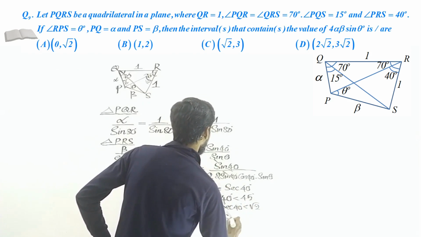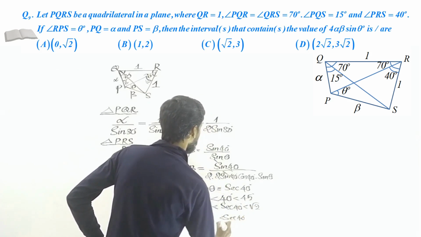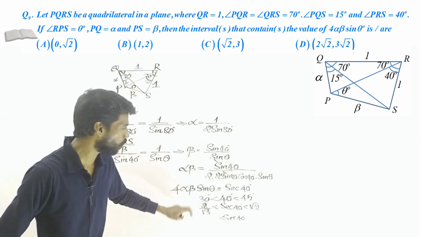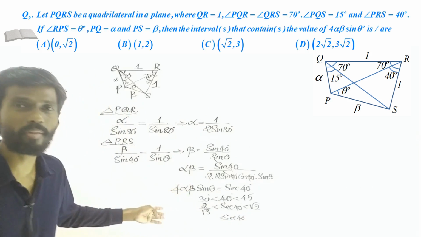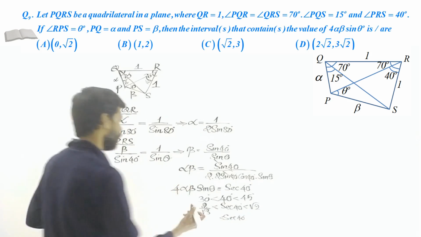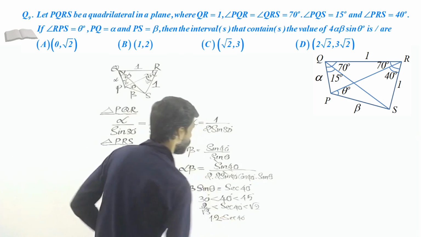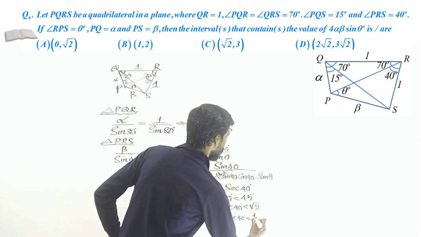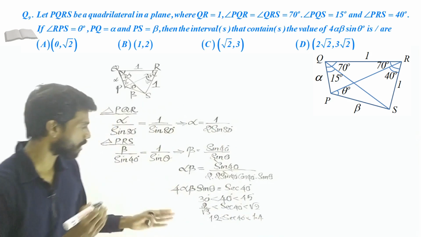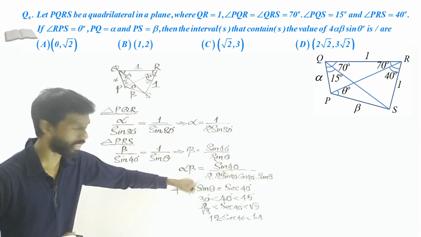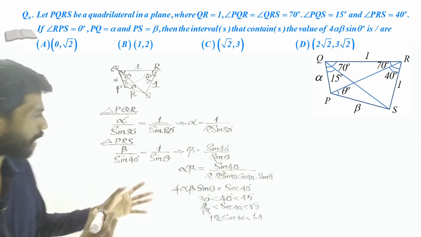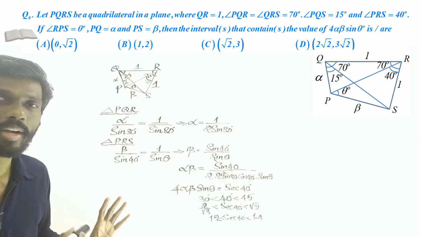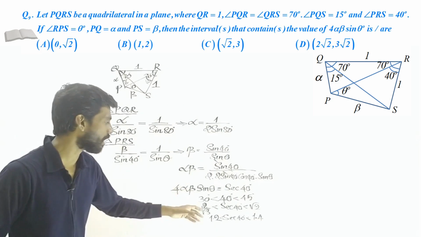Approximately, 2 divided by 1.7 something is about 1.2, and this is less than 1.4. So 4 alpha beta sine theta lies between something like 1.2 and 1.4. Now tell me which of these options satisfy this condition.